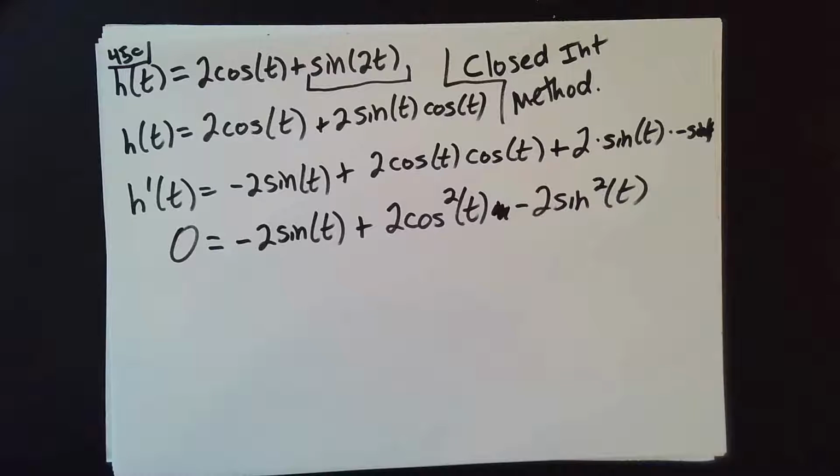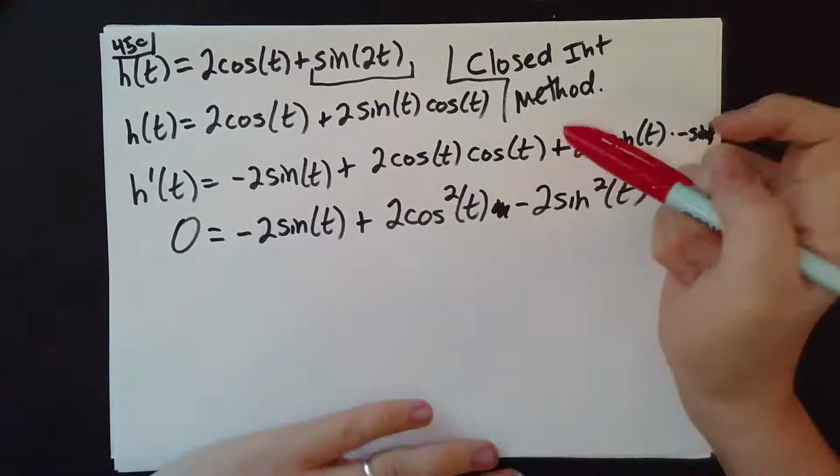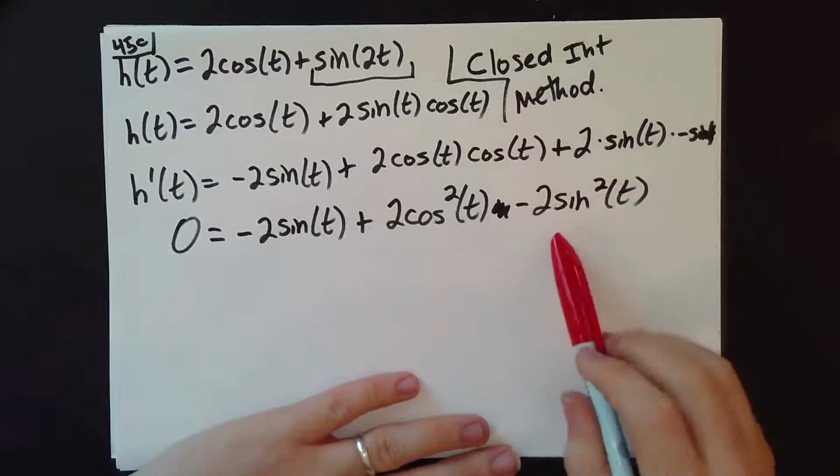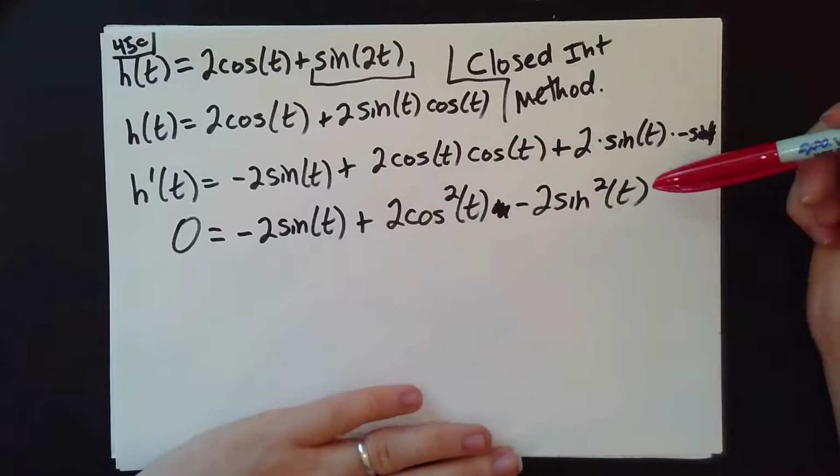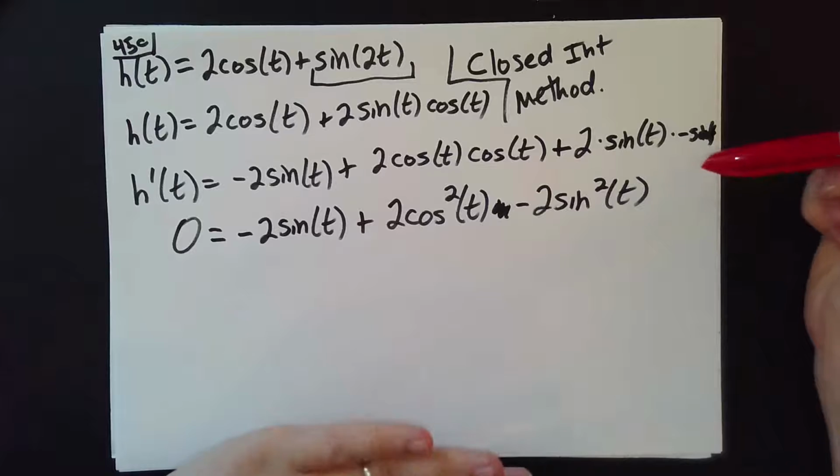Now, we talked about a lot of specific tricks that you could use when you're solving a trig equation if you don't see how to do it right away. This requires one of those tricks. Namely, this particular equation currently has both sines and cosines in it in a way that is not helpful.